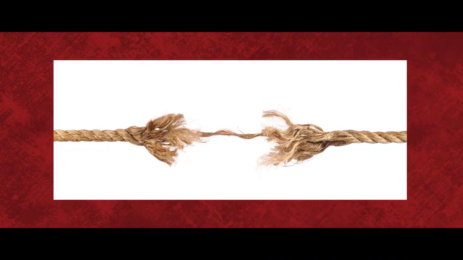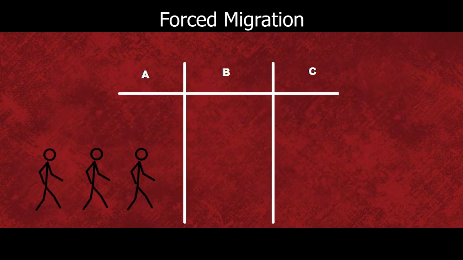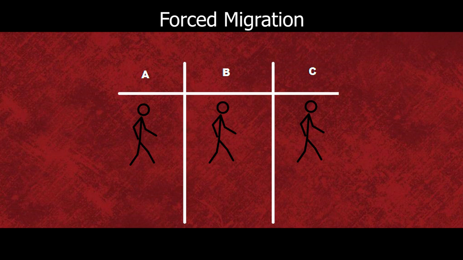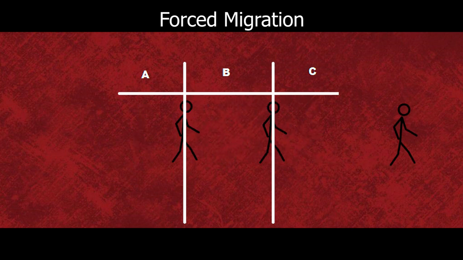Now, this reflects a tension when thinking about forced migration. That tension is the desire to fit people into distinct, well-defined categories, and the reality that individual situations are often much more complex than these categories would suggest. The practice of categorizing and defining people does have some important benefits.